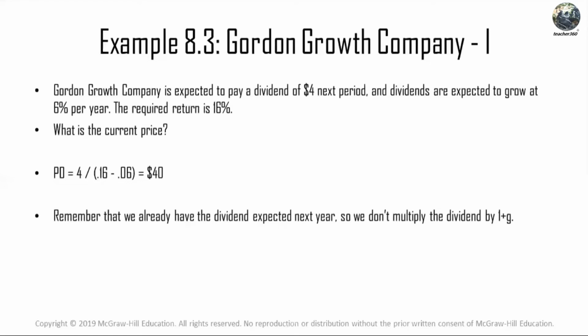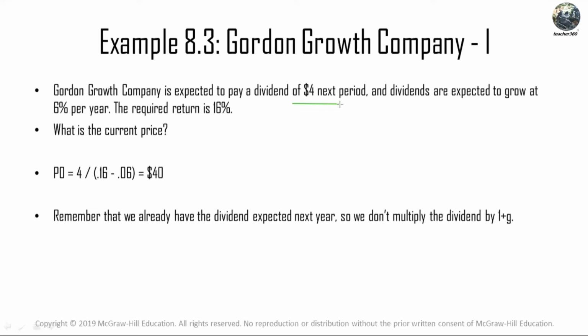So here you can see that it mentions that the Gordon Growth Company is expected to pay a dividend of $4 next period, and the dividend growth rate is 6%. When it mentions that the dividend is for next period, that means it is already adjusted with the growth rate.